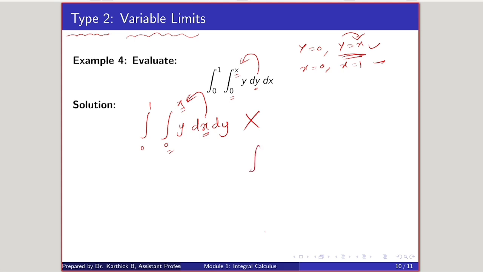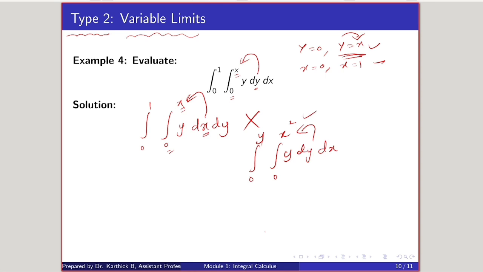I may give one more example, 0 to 1, 0 to x square. I may take here y, so the same function, here it will be dy dx. Now you just see this y varies from 0 to x square.